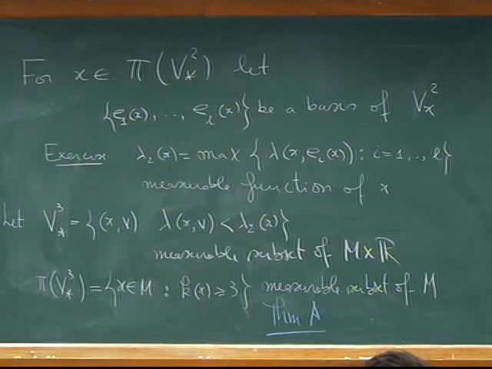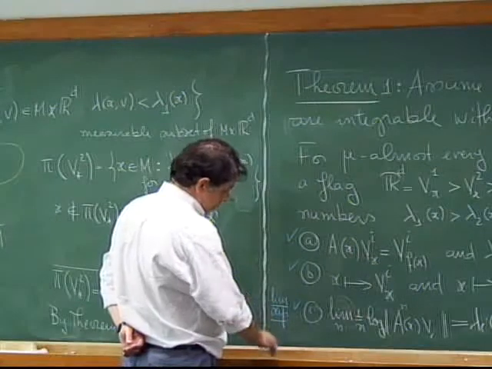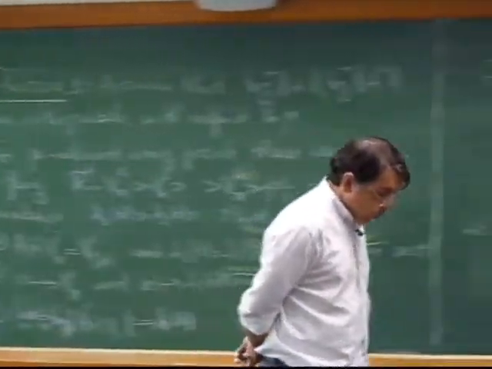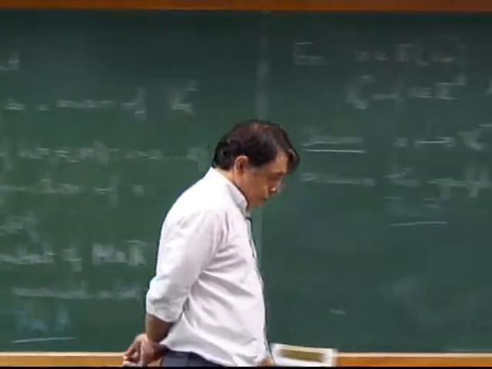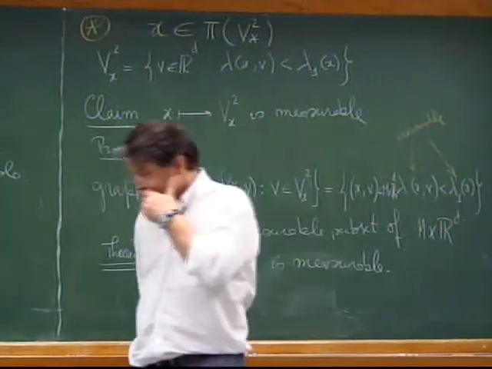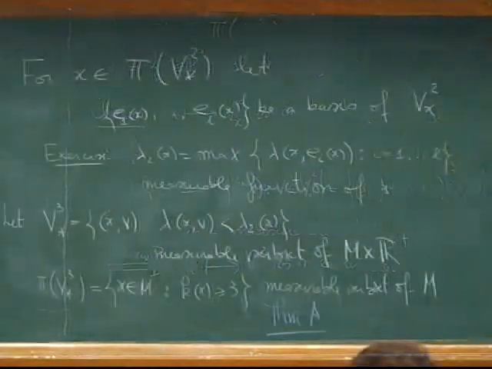We proved A, we proved B, we proved C with lim sup. The goal now is to prove that actually the limit exists. And that's all that's missing.